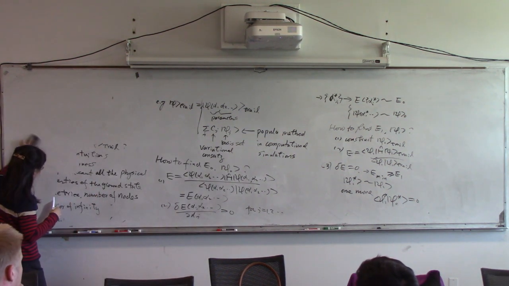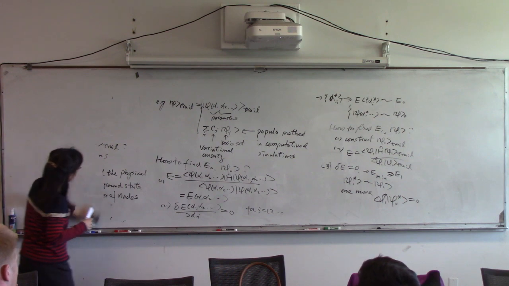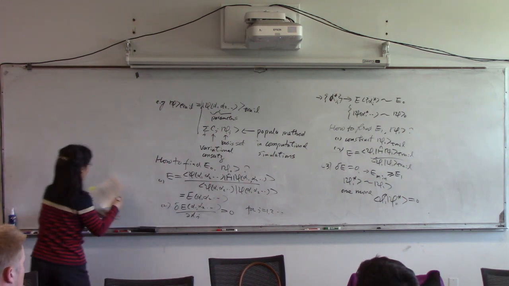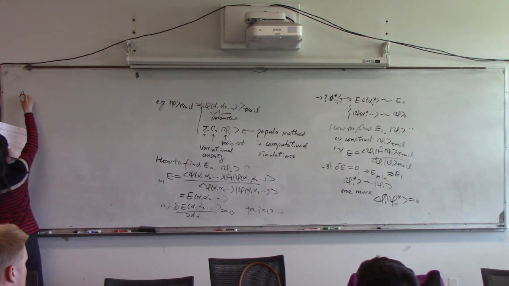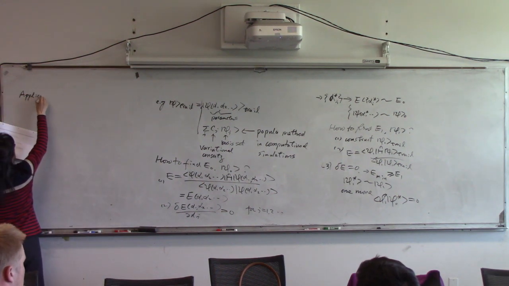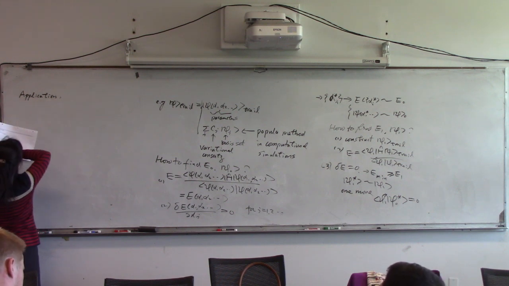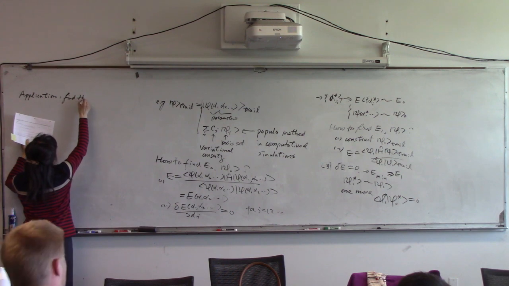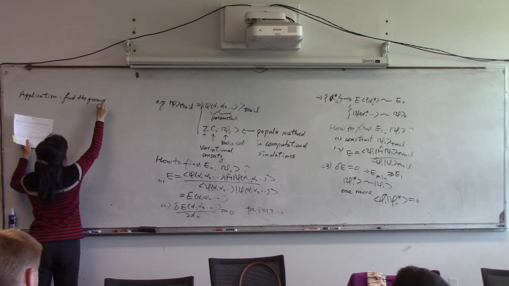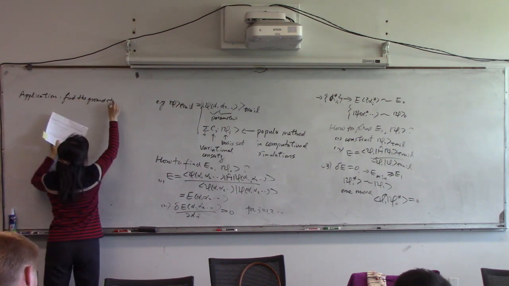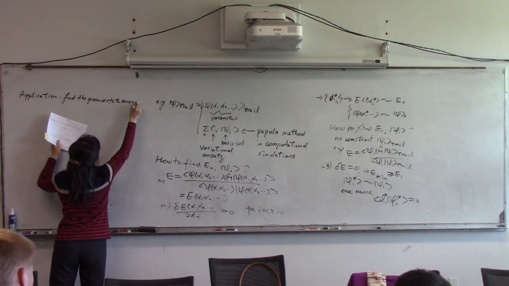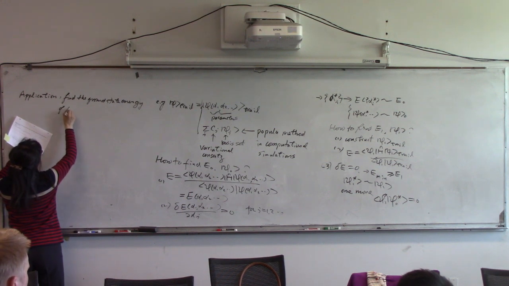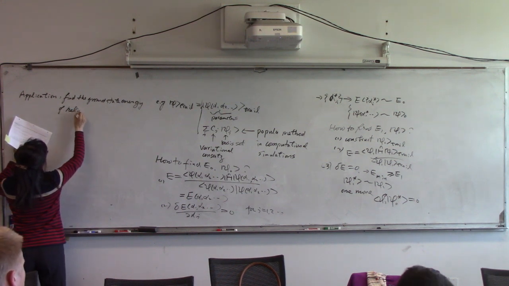See how we can construct this trial function, how to calculate this one, and how to optimize. Find the ground state energy of the helium atom.